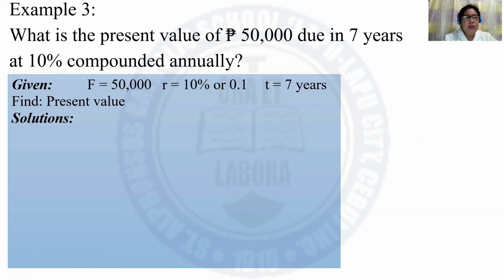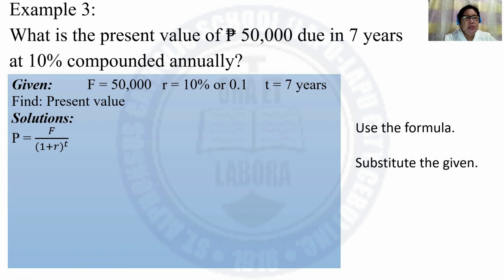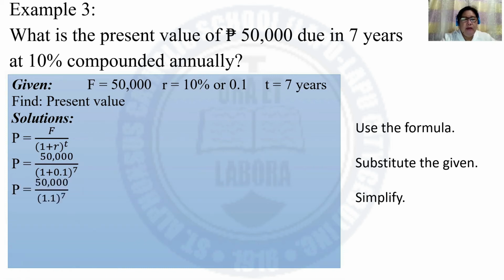So for the solutions, we have to use the formula first. And the formula is P is equal to F over the quantity 1 plus R raised to T. And substitute the given. So we have 50,000 for F. And for the denominator, we have 1 plus 0.1 raised to 7. Then simplify, we have 50,000 over 1.1 raised to 7.